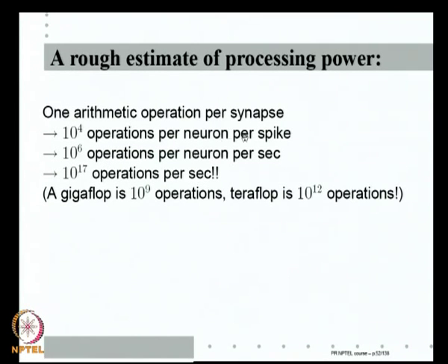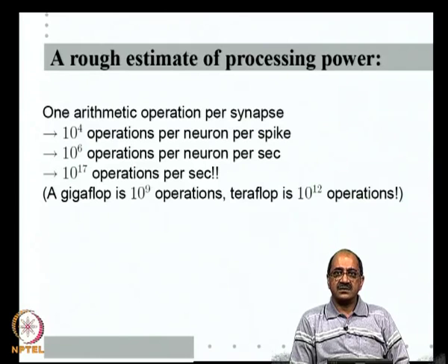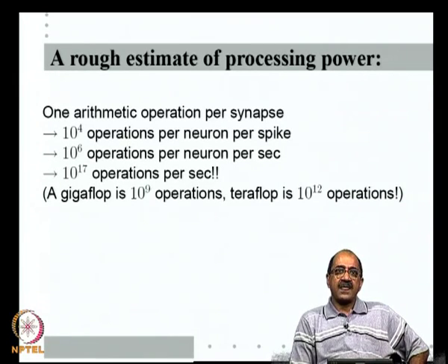Let us say each synapse is to be viewed as analogous to doing one arithmetic operation, then we can do 10 power 4 operations per neuron per spike, that many synapses, because it may not be that much, but let us just put an arbitrary estimate. We can send about 100 spikes per second. So, we can do 10 power 6 operations per neuron per second, that is about 10 power 17 operations per second in the entire brain.